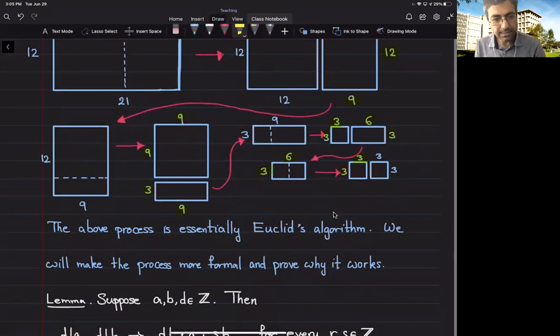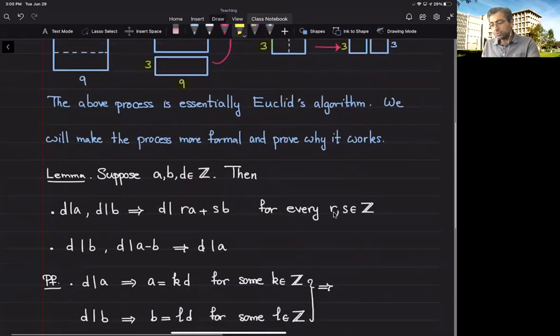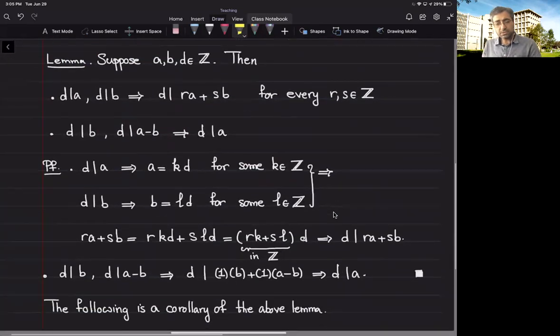Now, what we will do next is make this process more formal and prove why it actually works. To do so, I'm going to recall some of the basic properties of divisibility. So suppose a, b, and d are 3 integers, and d divides a and b.